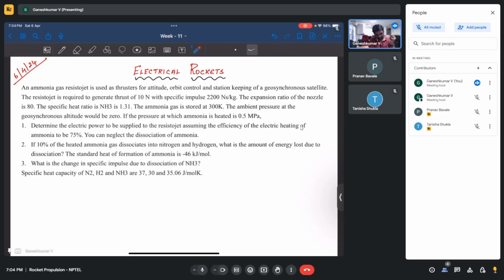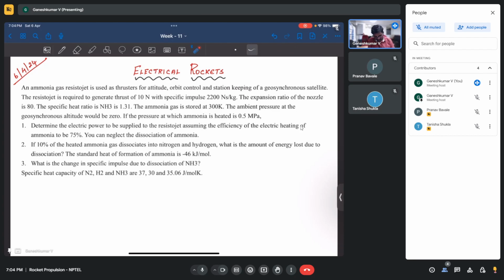Attitude is nothing but the orientation. Orbit control concerns orbit parameters, like whether we need to change the orbital angle, and also station keeping of geosynchronous satellites. For that, we use small thrusters fitted around the body of the satellite.